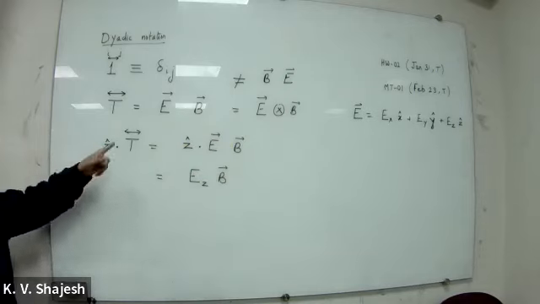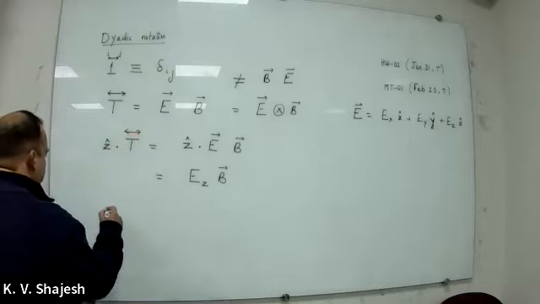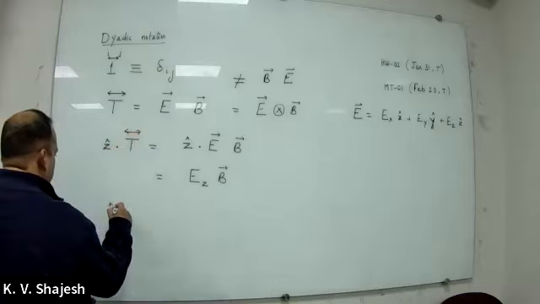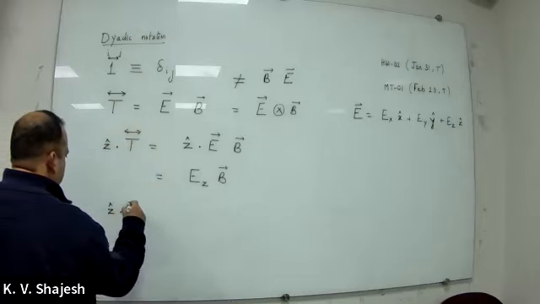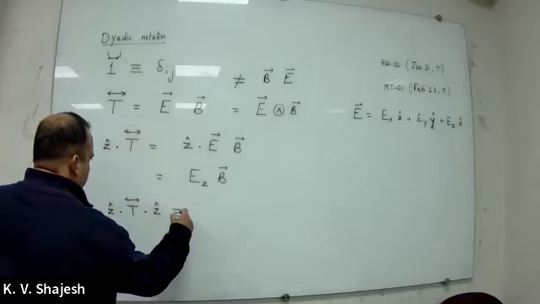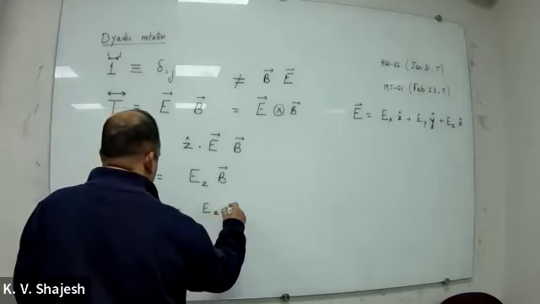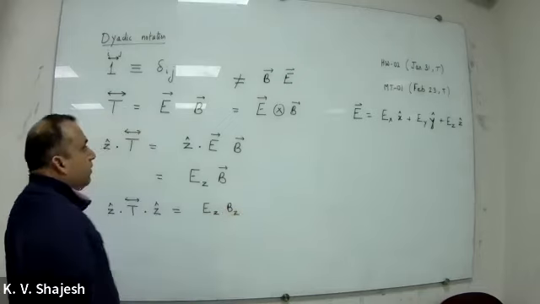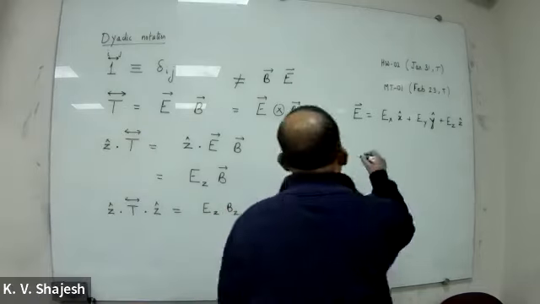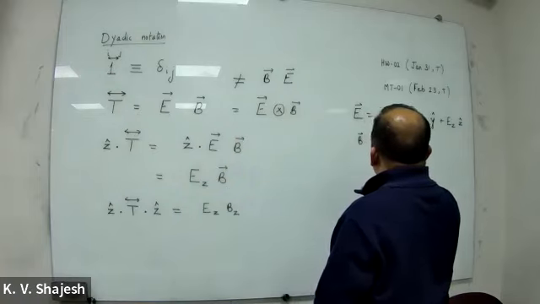I still have a vector remaining on the right. I can do another quantity here, so that's T. That's equal to Ez times Ez. And by that I meant that there is a magnetic field construction here.